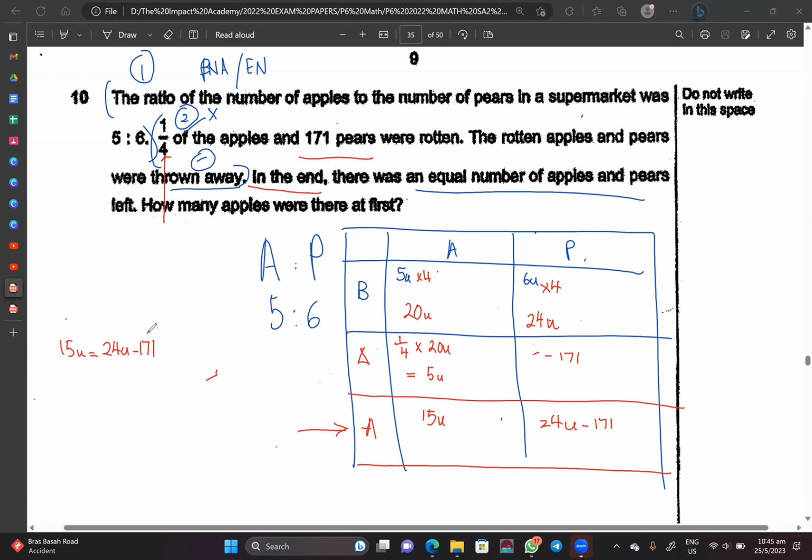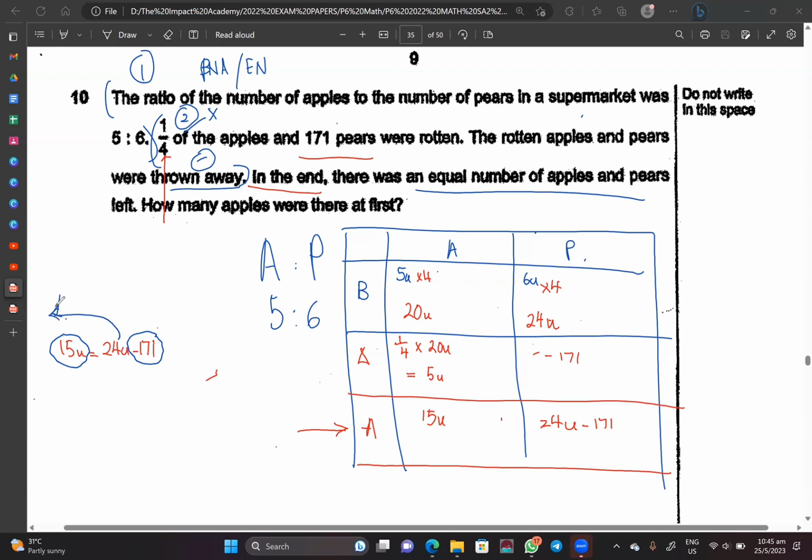Okay, so what you want to do is make sure you position them in such a way that units is always on the left-hand side. So you can see over here, 15 units is already in the correct position, so I'm just going to circle it. Minus 171 is already in the correct position, so I'm going to circle it as well. The only thing that I need to move over is my 24.